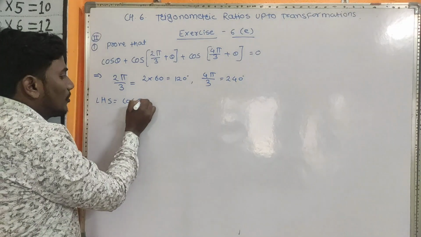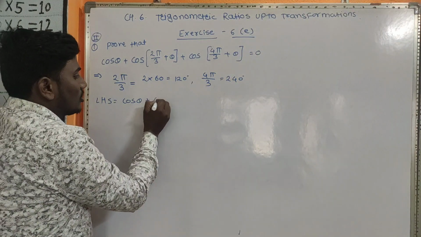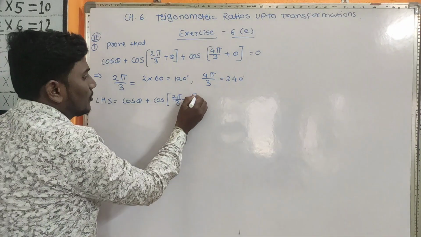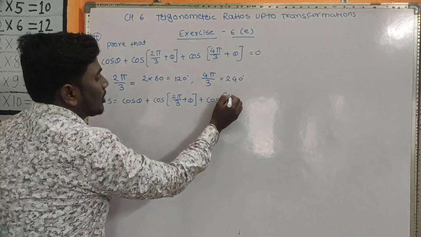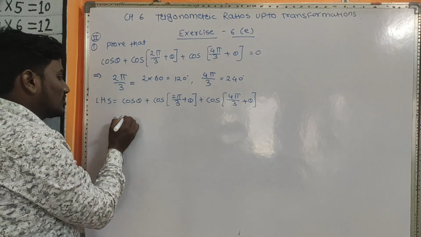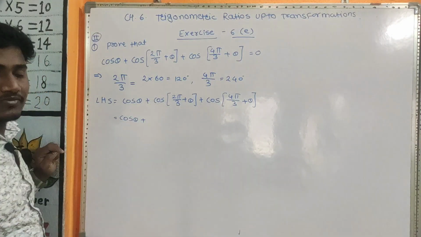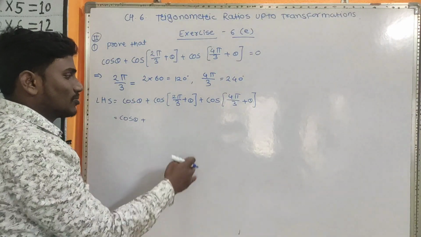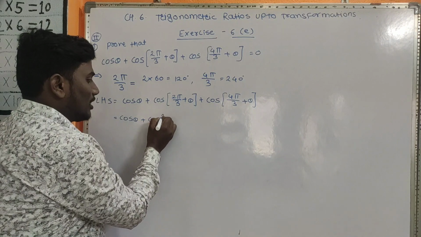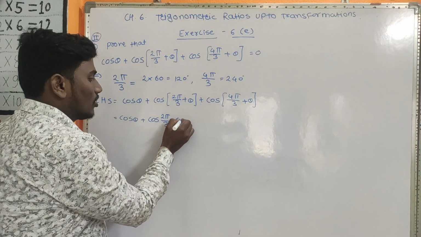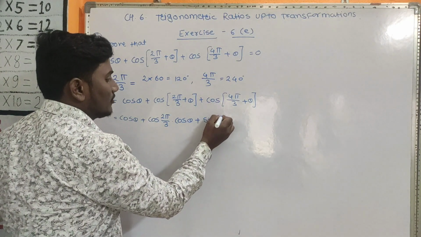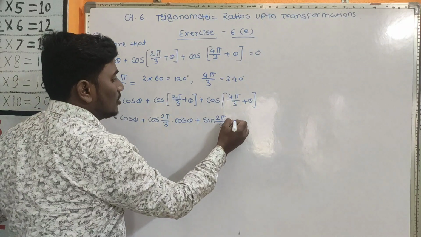cos theta plus cos of 2 pi by 3 plus theta plus cos of 4 pi by 3 plus theta. So we take the cos A plus B formula. What is that? Cos A cos B minus sin A sin B. So we substitute: cos 2 pi by 3 into cos theta minus sin 2 pi by 3 into sin theta.